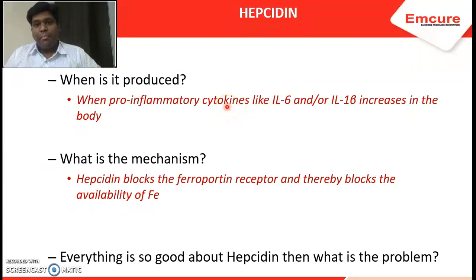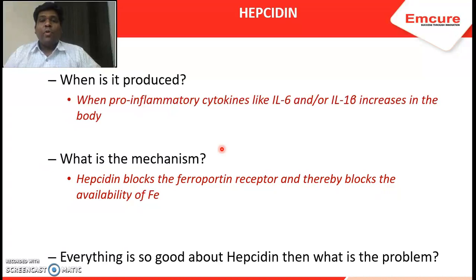What is the mechanism by which hepcidin is going to help us? Hepcidin is going to control this inflammation by restricting the supply of iron, and this restriction of iron is possible by blockade of ferroportin receptors. These ferroportin receptors or channels are present on various cells like your intestinal cells, the macrophages, the reticuloendothelial system.